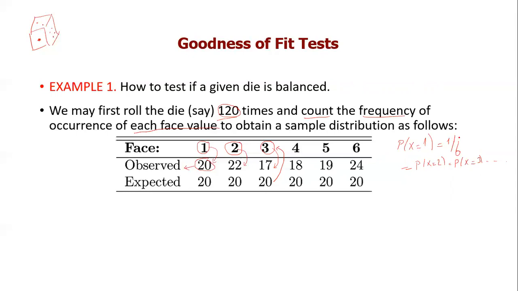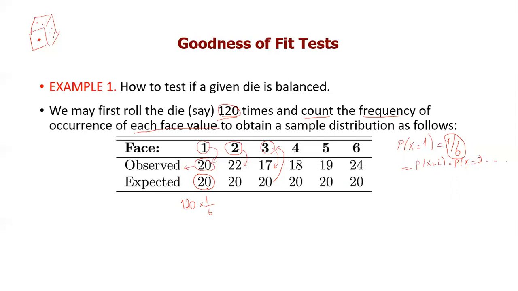So here, this means that 1 over 6 of your observations, you will observe one. 1 over 6 of your observations, you will observe two. And 1 over 6 of your observations, you observe three, and so on and so forth. So how do we get 20? This is the total number of observations that you have times the probability of 1 over 6. That's equal to 20, right?